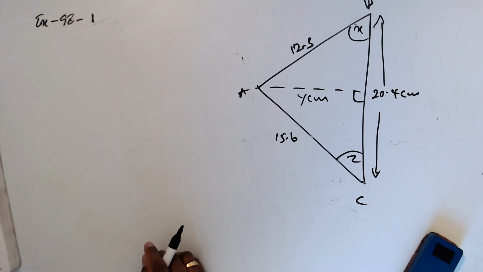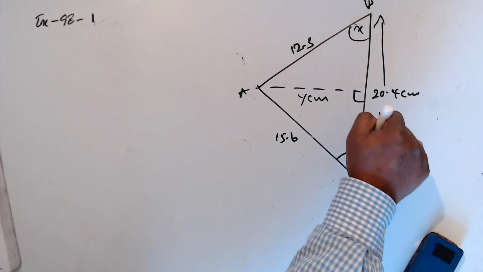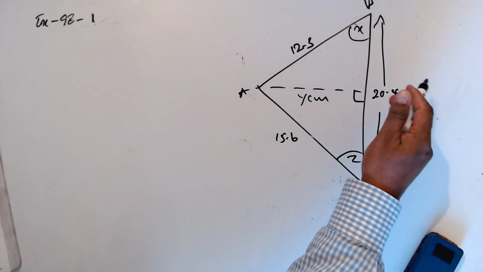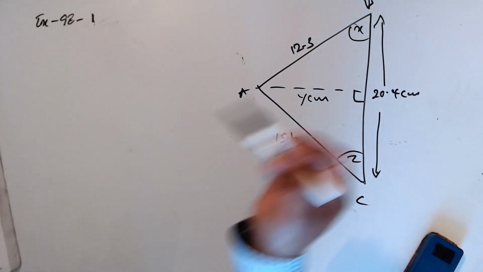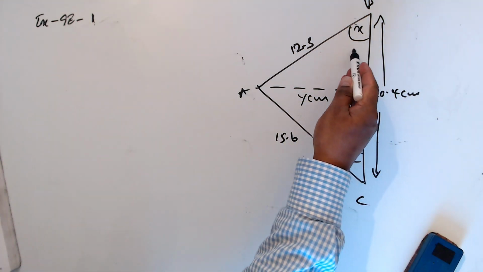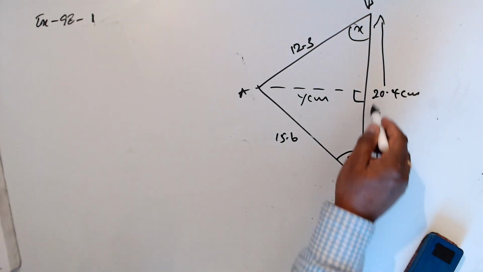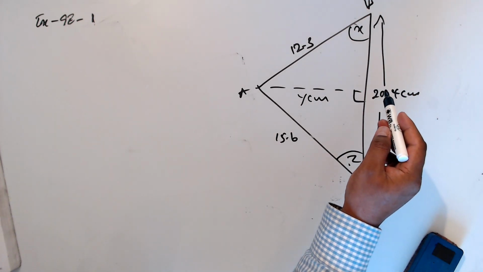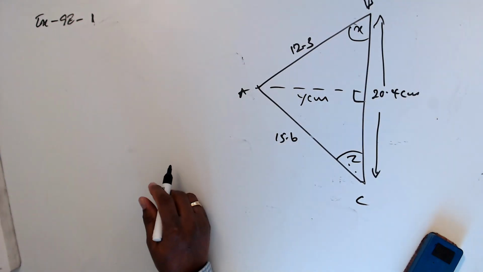Question number I. We have to start this sum with the cos rule because sine is failing. Either x or z using the cos rule because we know the 3 sides, and when we know this x then we can find y, and from that we can find z.